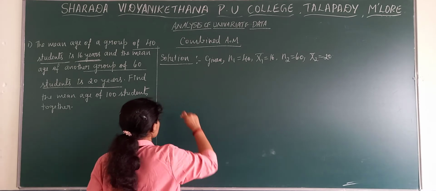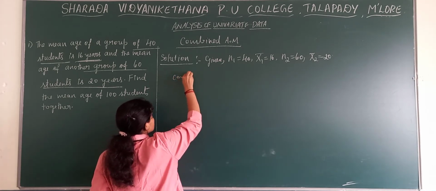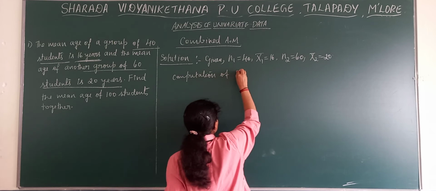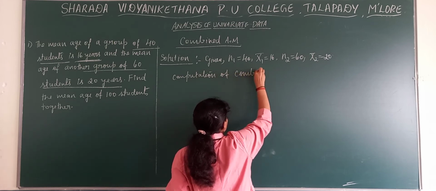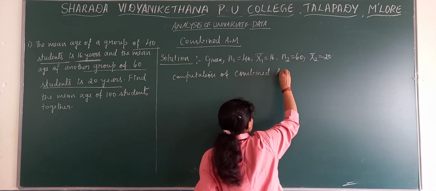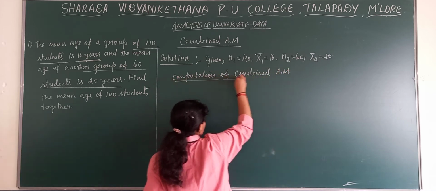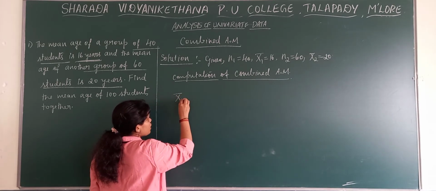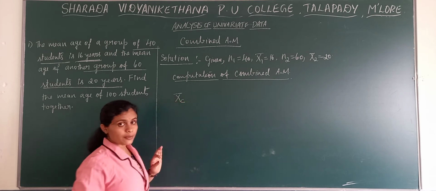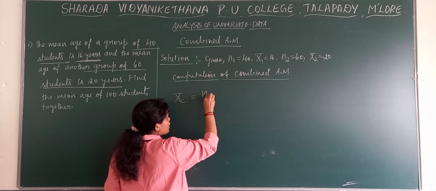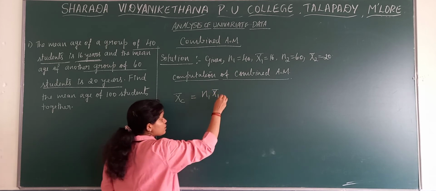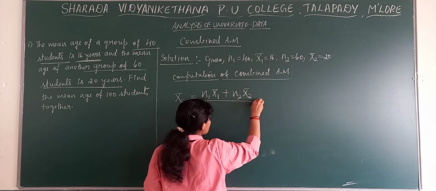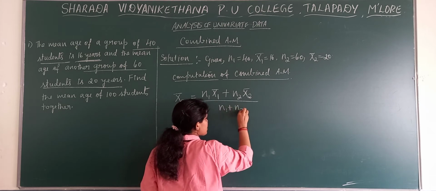Now, computation of combined arithmetic mean. Write the formula for the solution. Take down the formula: X bar c equals N1 into X bar 1 plus N2 into X bar 2, divided by N1 plus N2.